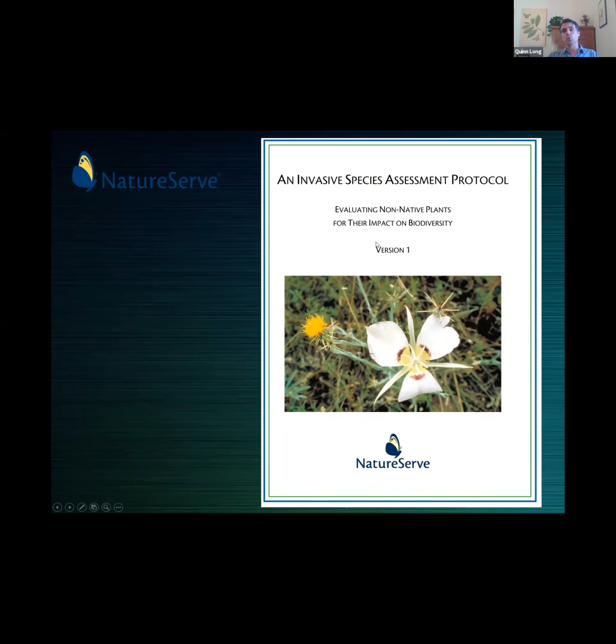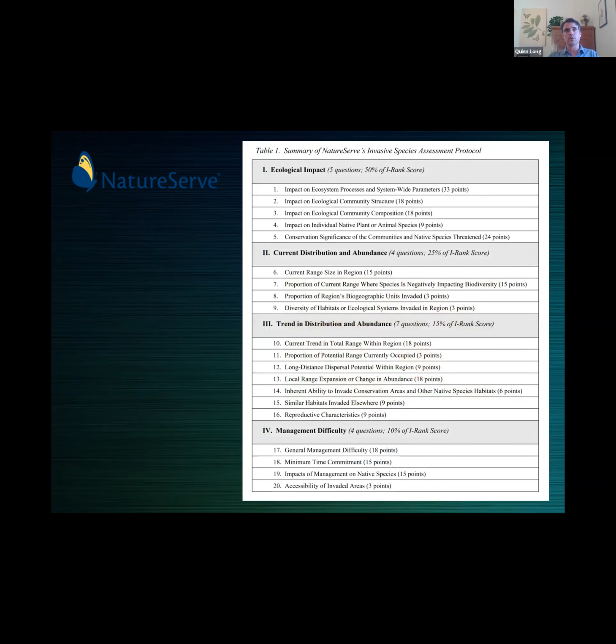So then what was our starting point? If we look at what's been done elsewhere, there's a national effort undertaken by NatureServe, which was an offshoot of sorts from the Nature Conservancy. And NatureServe developed I-ranks. We looked at this as one example protocol.